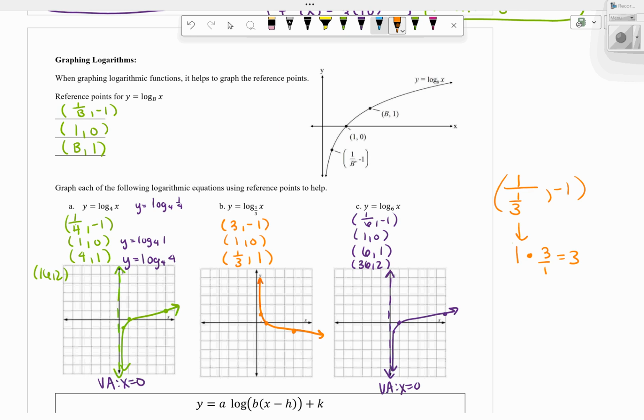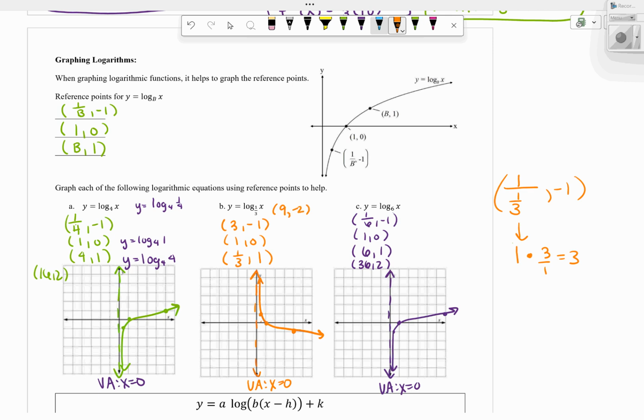It should again make sense because if you think about your inverse function, it would be a base of 1/3, which is exponential decay. So that's why our graph looks slightly different, but we still have a vertical asymptote at x equals 0. If I was going to do another point for this one, I would think about base 3s. I know that 3 squared is 9, but since this is 1/3, you would actually have the point 9, -2.